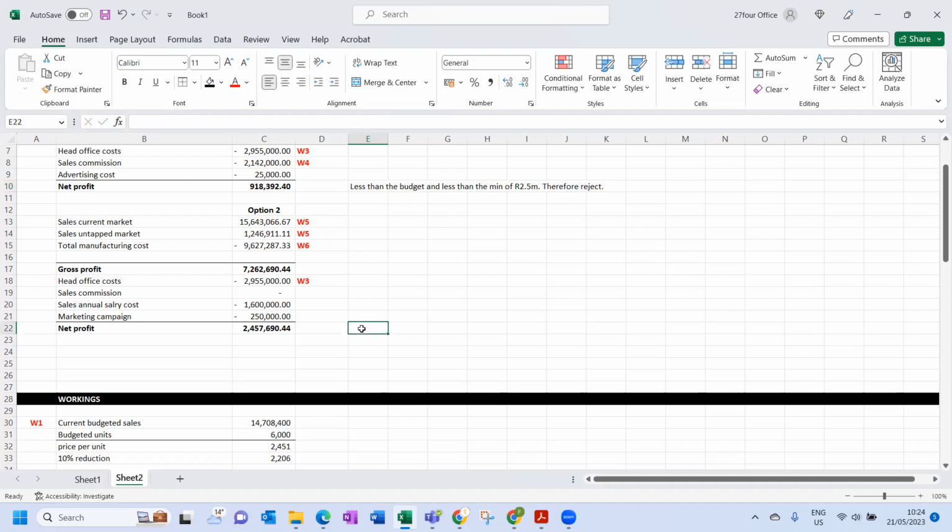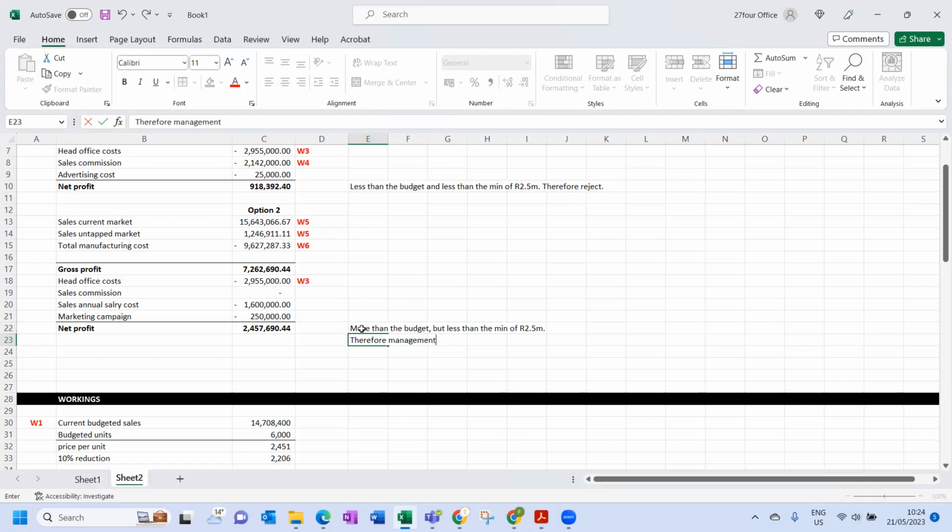This one over here is more than the budget, but less than the minimum of 2.5 million. Okay, so we can't outright reject.